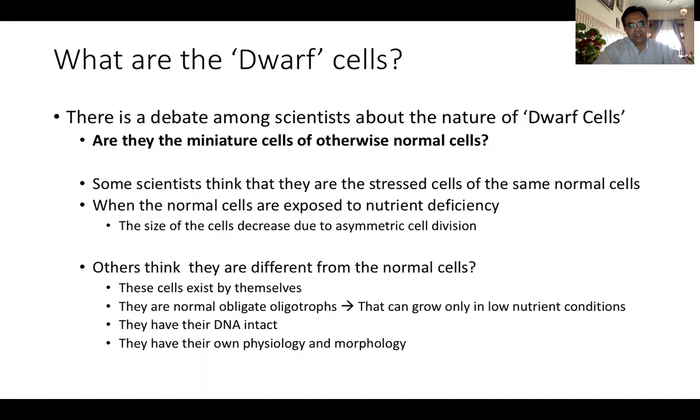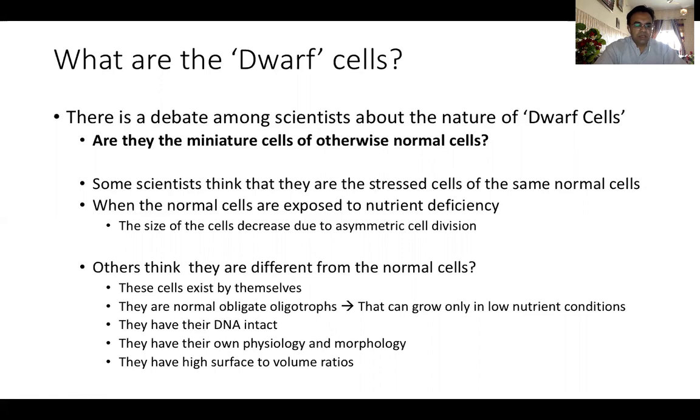The second one is that these cells are different from the normal cells. They are basically normal obligate oligotrophs. They prefer conditions which are low in nutrients, and they have their DNA intact. They have their own physiology and morphology, and they have high surface to volume ratios.